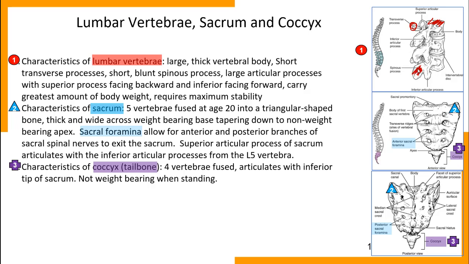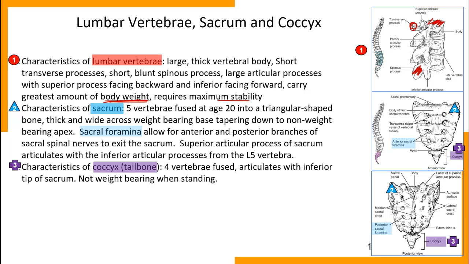And then the articular process is facing backward, and this helps the lumbar vertebrae to support the greatest amount of body weight, and it helps to provide stability, right? That's why the body is large compared to that of the thoracic and the cervical vertebrae.